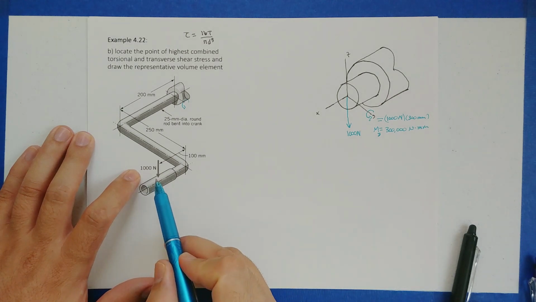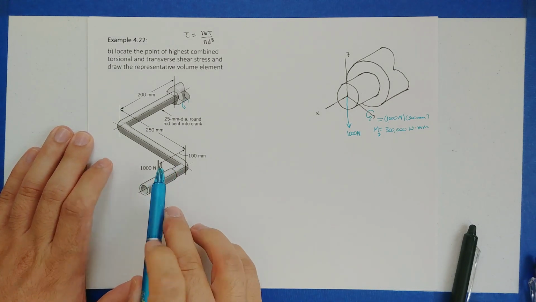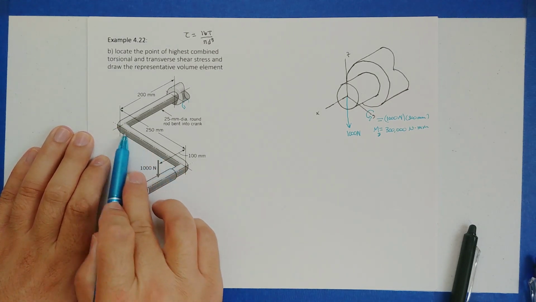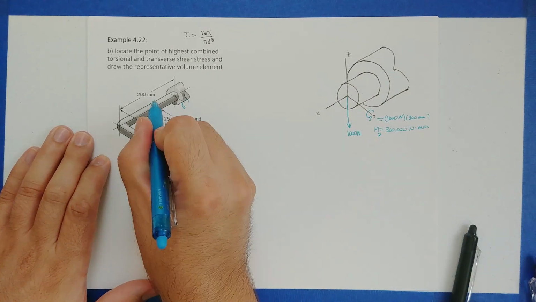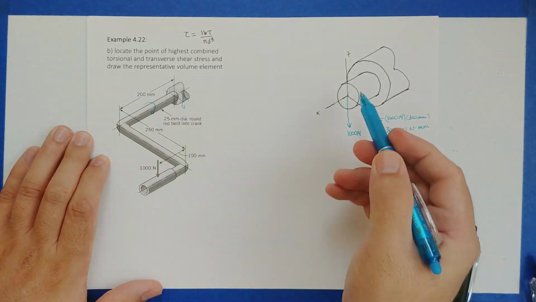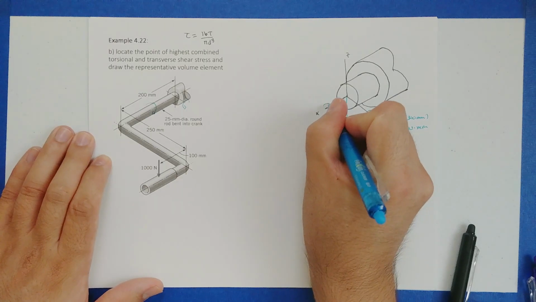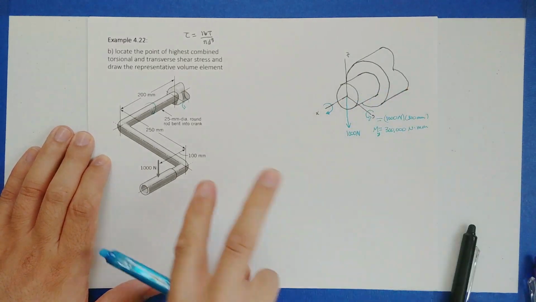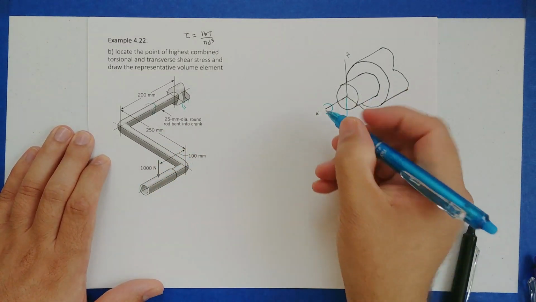Finally, we have this 1,000 Newton force. It doesn't pass through the Z-axis, so there is some distance, and it can generate some twisting, which is how we got to that point. It wants to twist down.